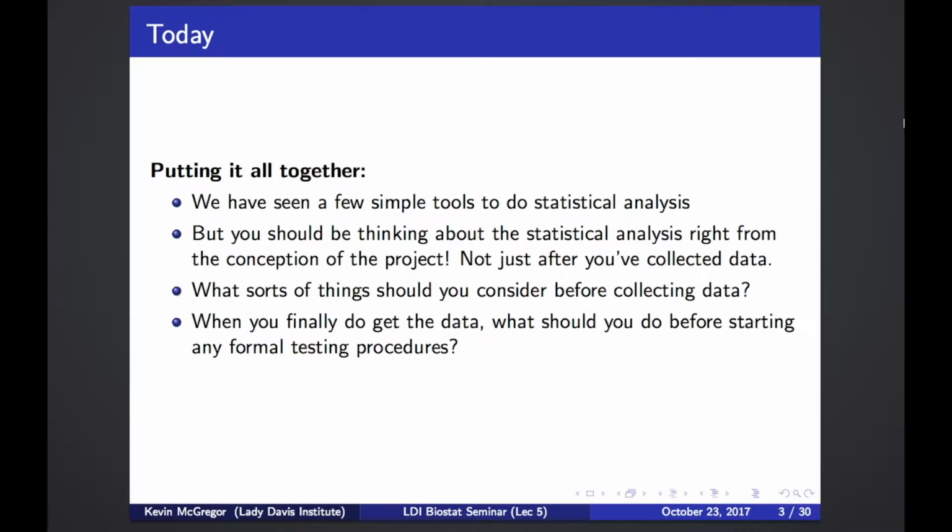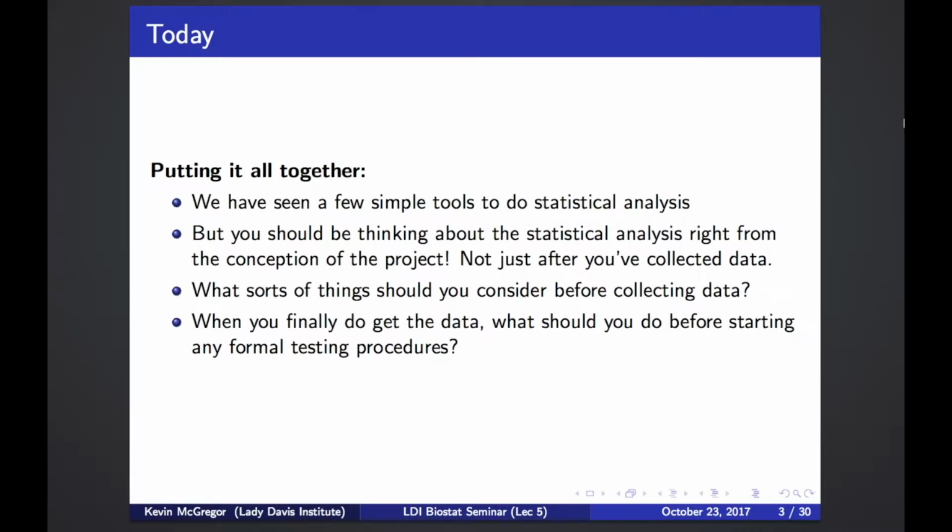And if you do that, you can actually save yourself some pain later down the line. This is something that I know from experience, from what I've seen other people do with their experiments. There were things that maybe could have been done better and would have saved us a lot of trouble later down the line when we actually perform the statistical analysis.